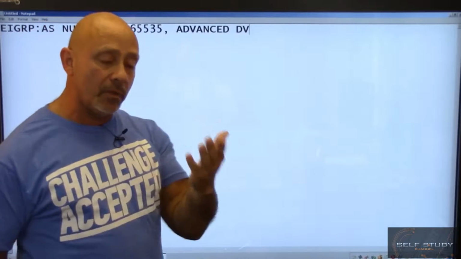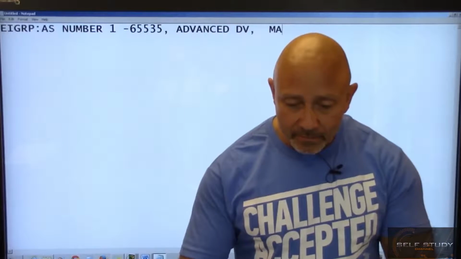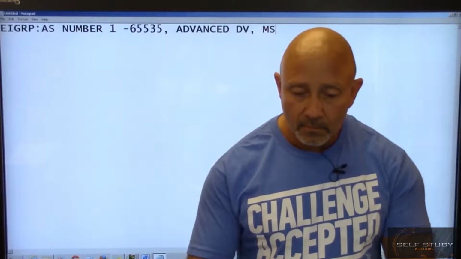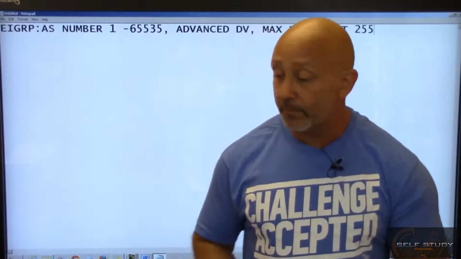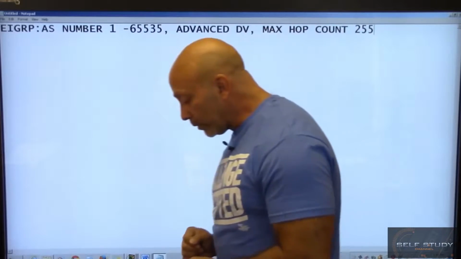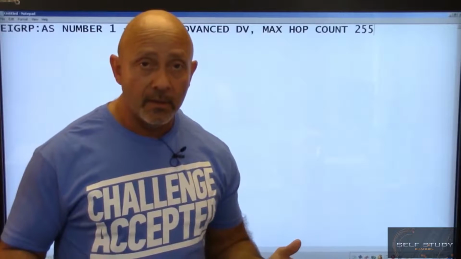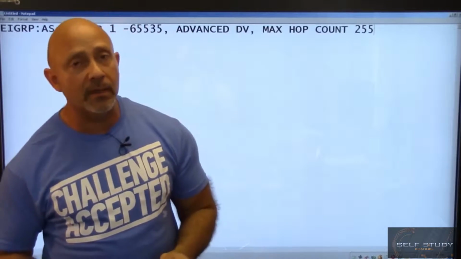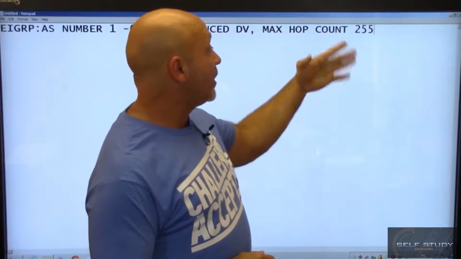Distance vector, we discussed it already. It does have a max hop count of 255, but it is set by default to 100. By default, you'll be running 100 routers at a time, or you can change it within the router EIGRP configuration and change the max hop count to 255.